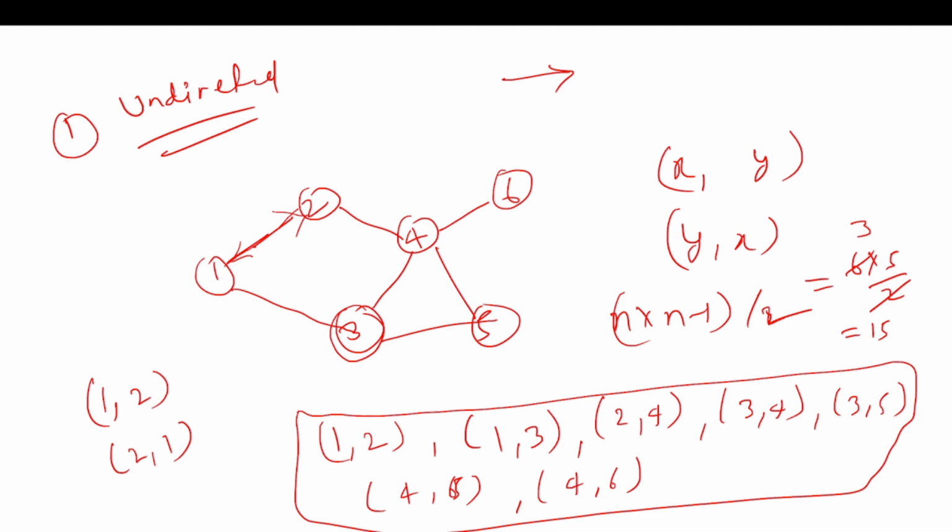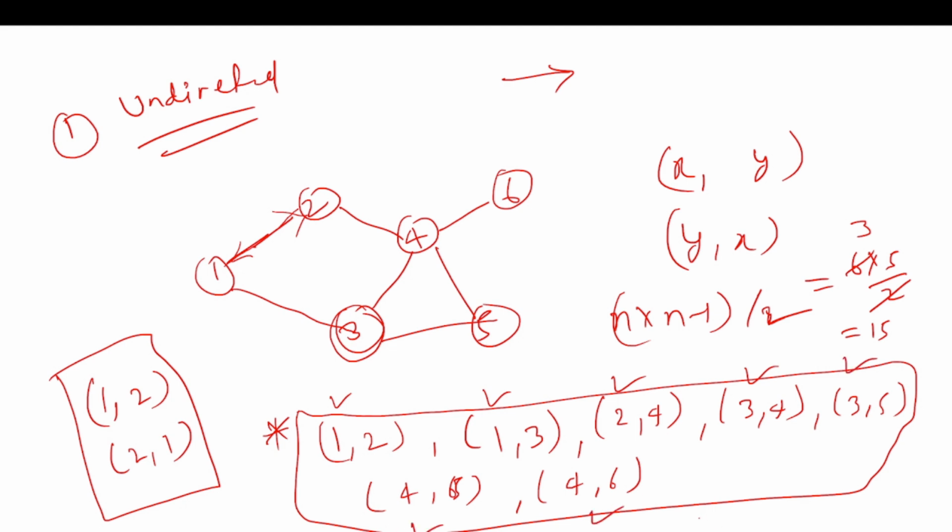So you have to find out everything. I'm not talking about the ordered one. This is the ordered one. Okay, this will not come into the undirected. When you define the undirected, you have to write also like this: 1 2, 2 1, 1 3, 3 1, right? In this way, if you count this, you will get 1 2 3 4 5 6 7.